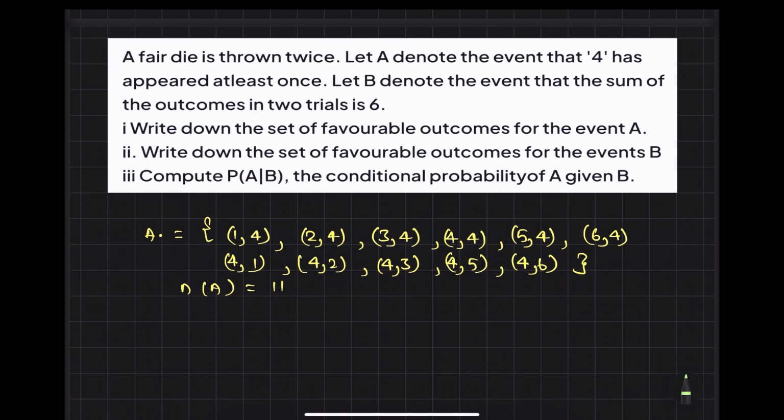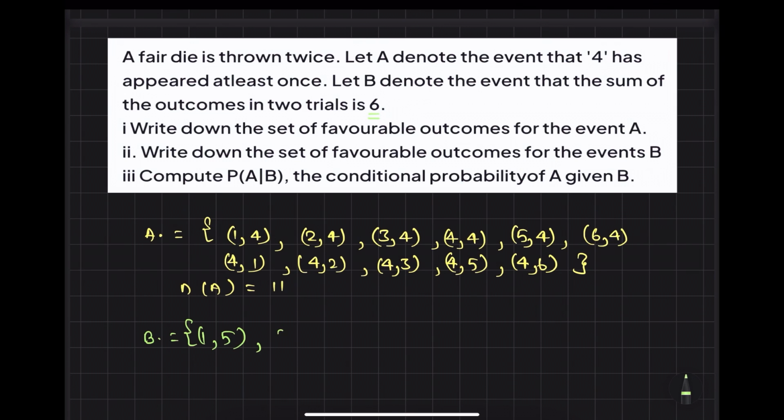Now we have the second idea. Write down the set of favorable outcomes for event B. So focus on B. B is a set in which you are getting sum as 6. So can I go with 1, 5? Wait.